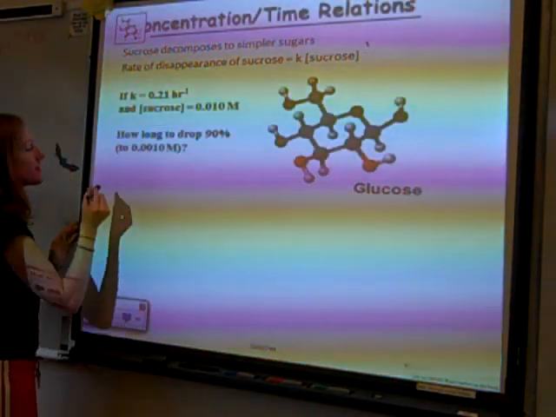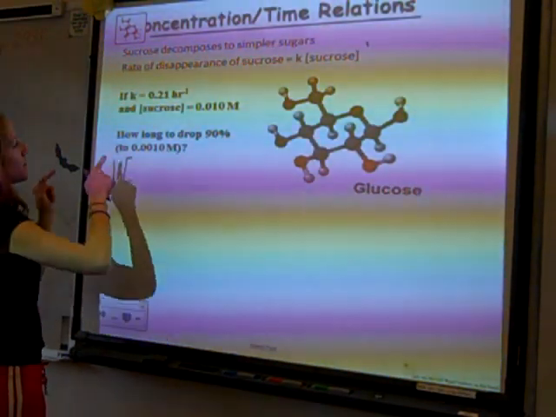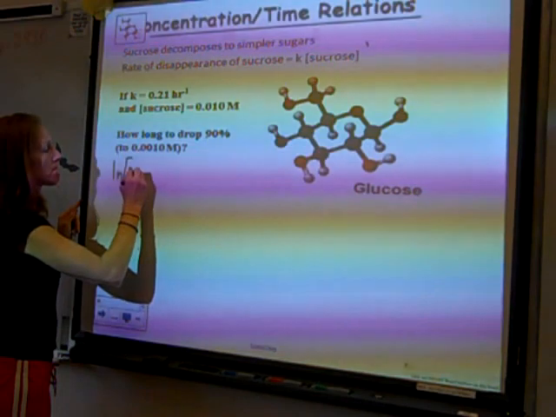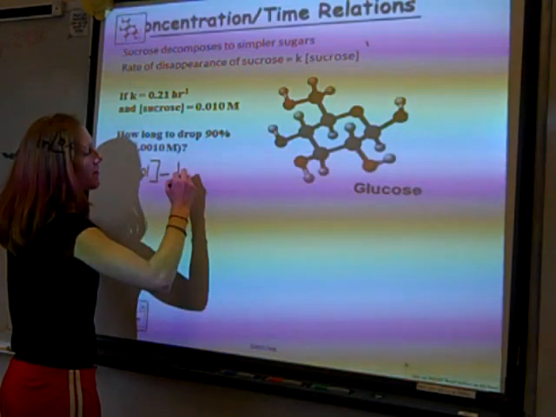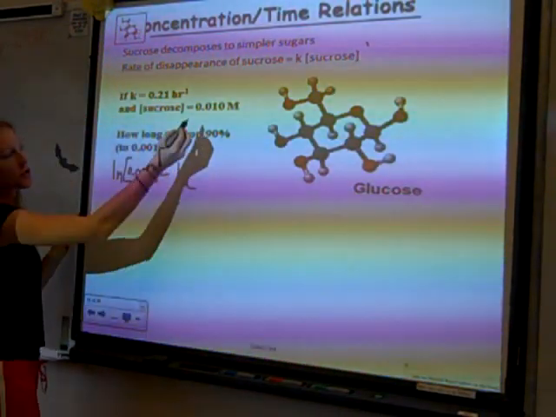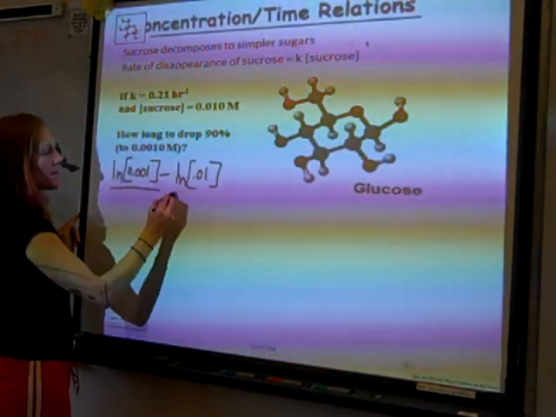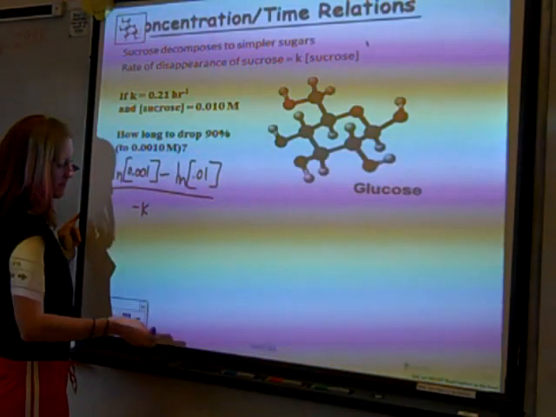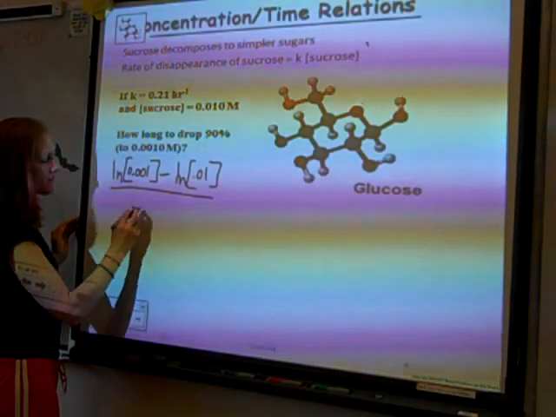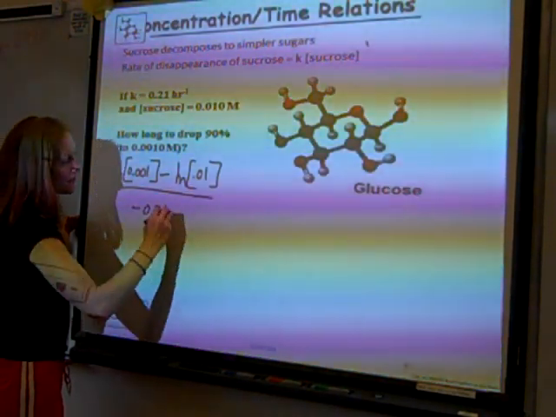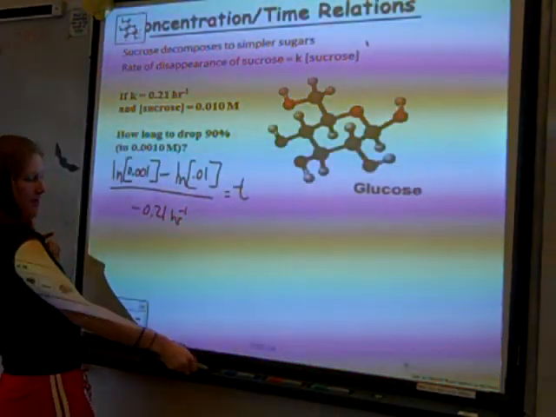So that was the natural log of your concentration after time had gone by, and that was 0.001, minus the natural log of the initial concentration, 0.01, divided by that negative K. This way I will get that T alone, and since K was 0.21, I'll have a negative 0.21 per hour. And that will have me solve for the time.